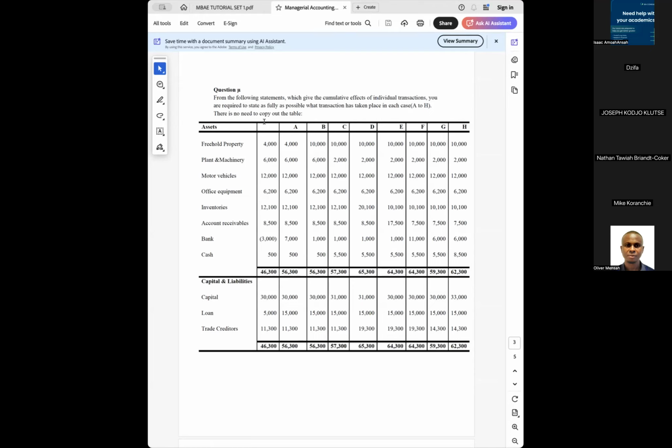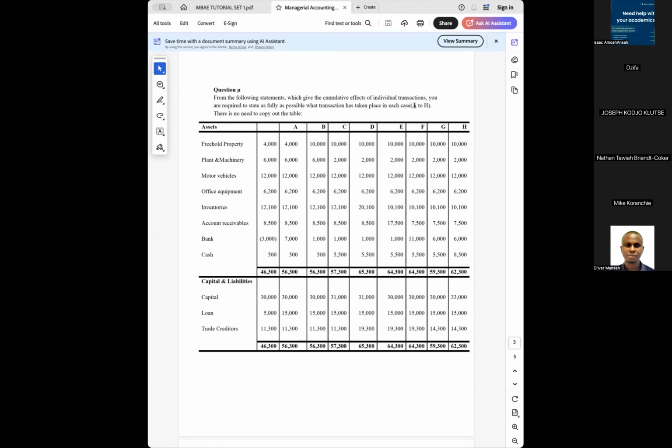question. It says that from the following statement, which give the cumulative effect of individual transactions, you are required to state as fully as possible what transaction has taken place in each case.